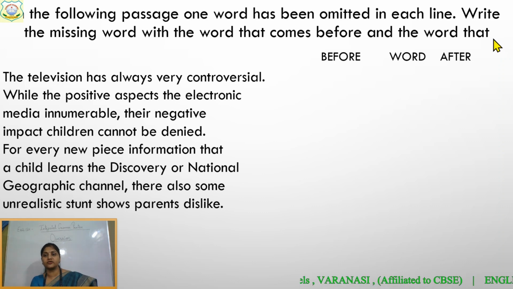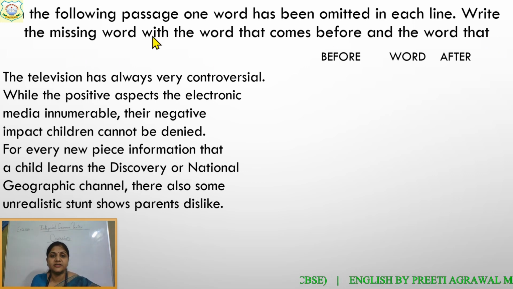I am completing the question, it is not written here. Have you understood? So you have to write the missing word, the word that comes before and the word that comes after it. Clear? So you will make 3 columns: before, word, after.